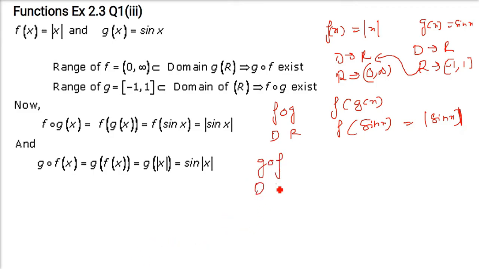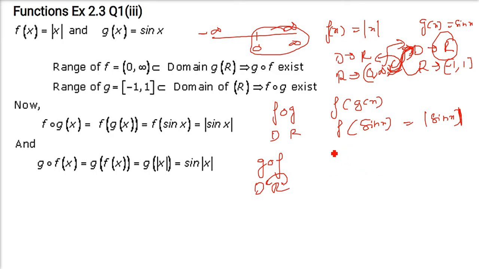Coming to gof. The range of f should be the domain of g. Okay, so it is also there. 0 to infinity is a subset of R, that is the real numbers, because the real numbers are negative infinity to infinity, and this is 0 to infinity.